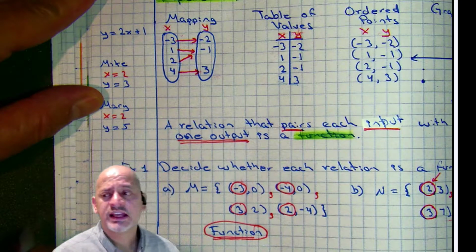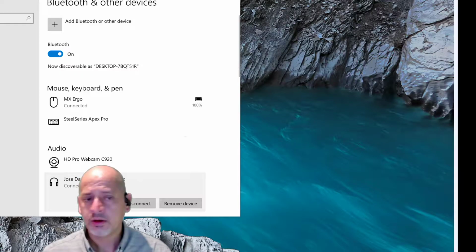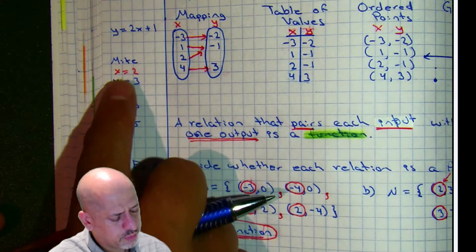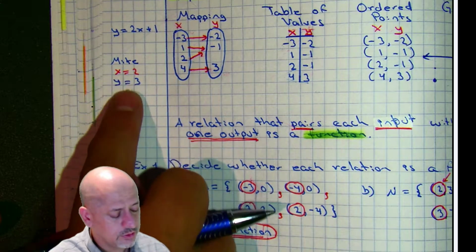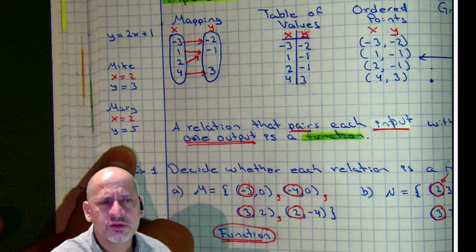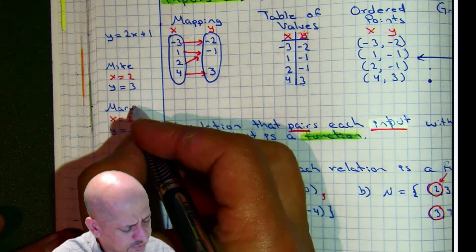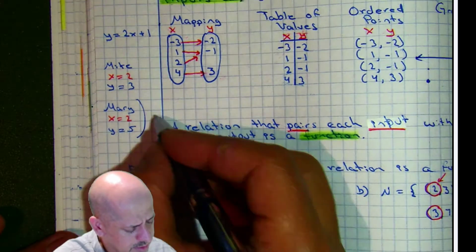So the question is, can they both be correct? What do you think? Is that a yes or a no? Can both of them plug in a 2, but get different numbers? Well, that can't be right. Who's right? If you plug in a 2, you end up with a 5. Mary is correct.